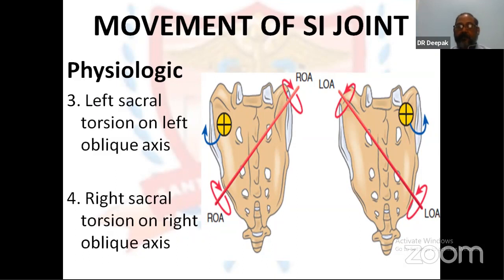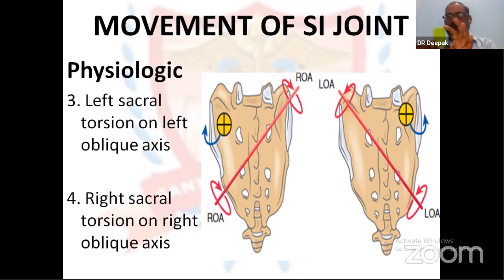Left sacral torsion means on the left oblique axis. You can take one matchstick. Suppose this is a matchstick or any small rectangular block. If you place this block, this is the right side, this is the left side.